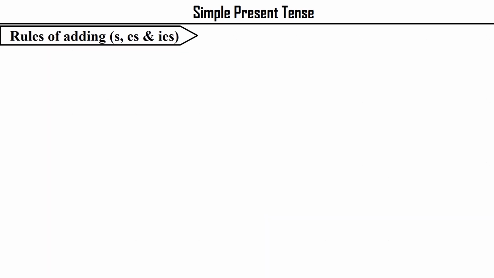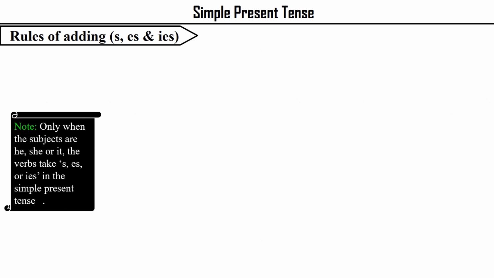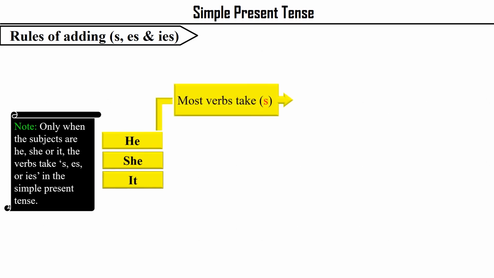Rules of adding s, es, and ies. Notes: only when the subjects are he, she, or it, the verbs take s, es, or ies in the simple present tense. With subjects he, she, it, most verbs take s without any change.